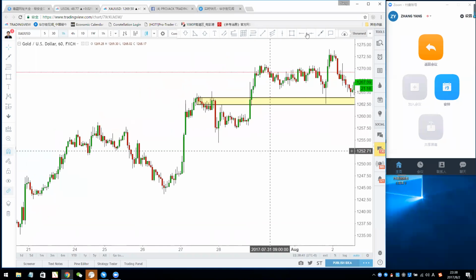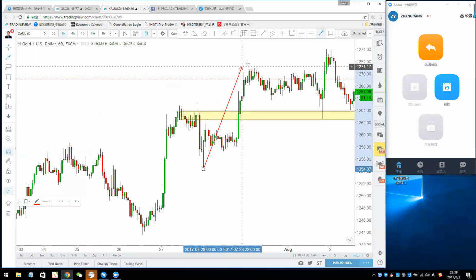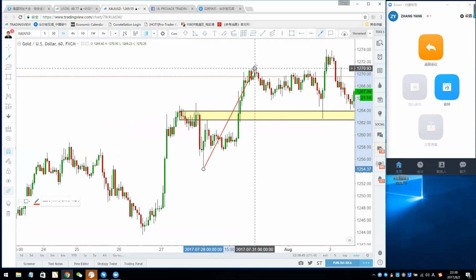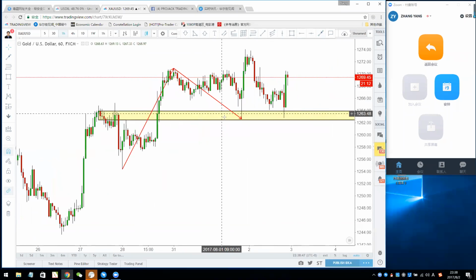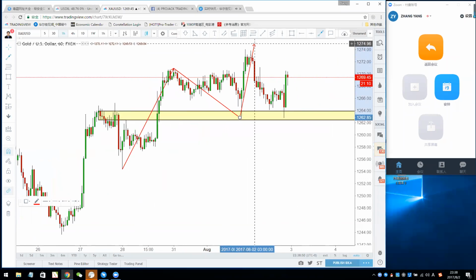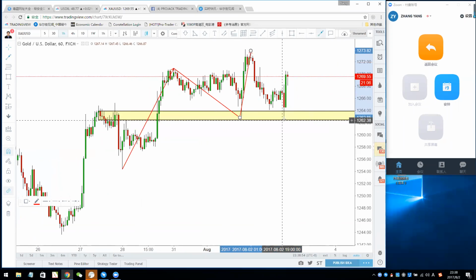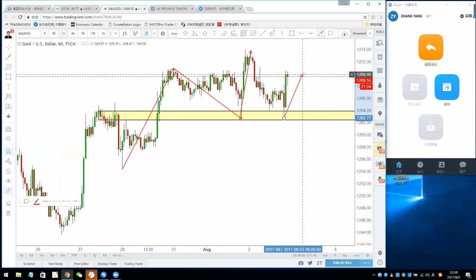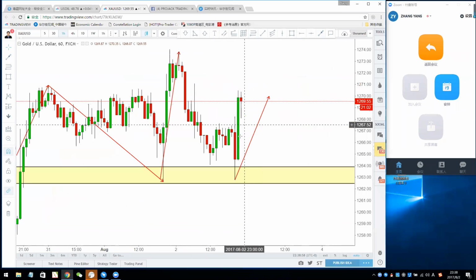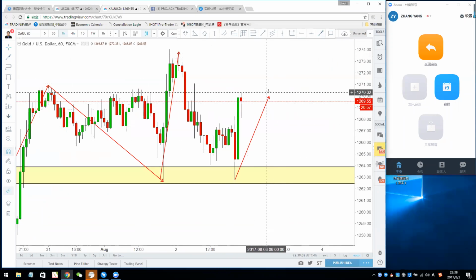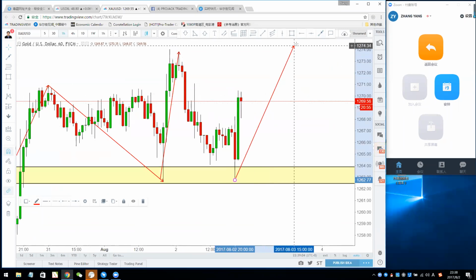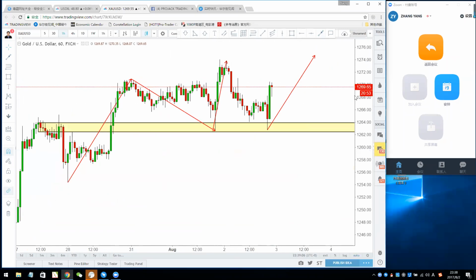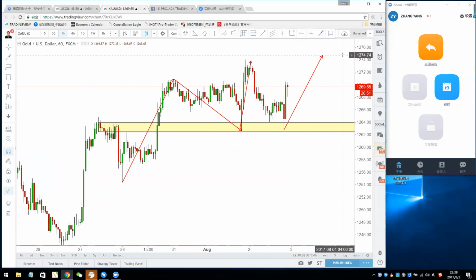It's very simple, just a breakout and pullback trade. We have a rally, we have support, and we have another support here. I want to keep your gold long position to see whether you can break 1274, maybe to 1275.